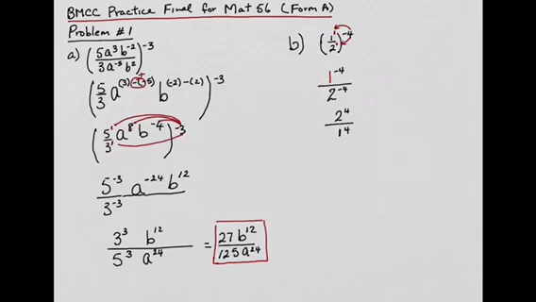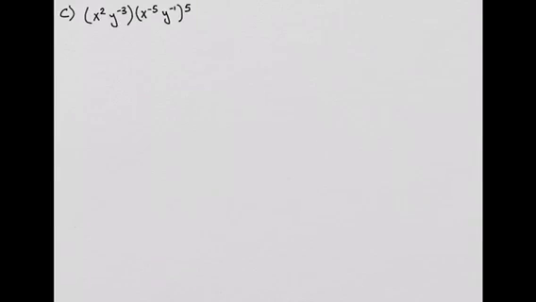And 2 to the 4th is 2 times 2 times 2 times 2, and 1 to the 4th is 1 times 1 times 1 times 1, which is 2 times 2 is 4, times 2 is 8, times 2 is 16. So we have 16 over 1, which is equal to 16. And this is the final answer for part B.